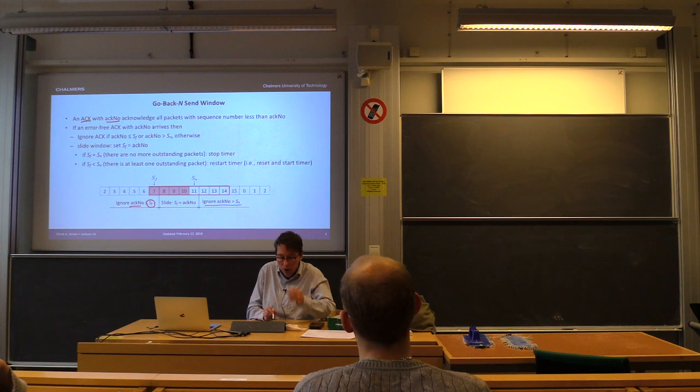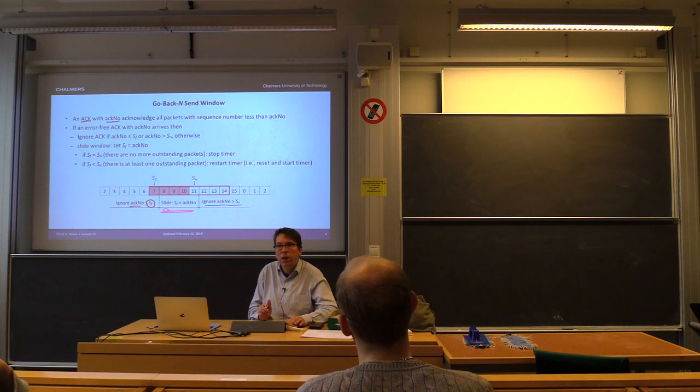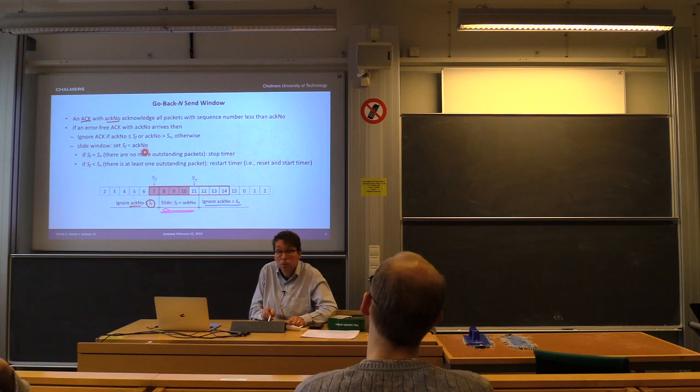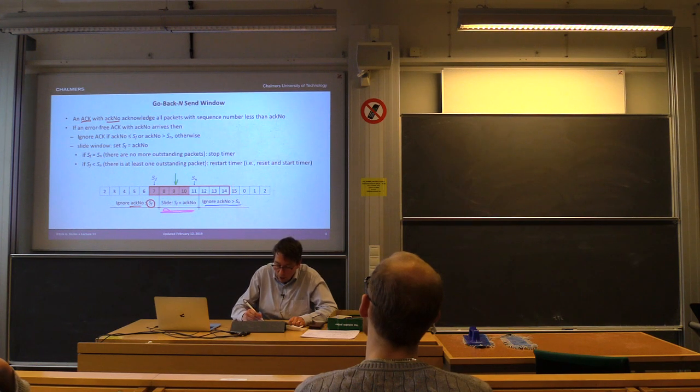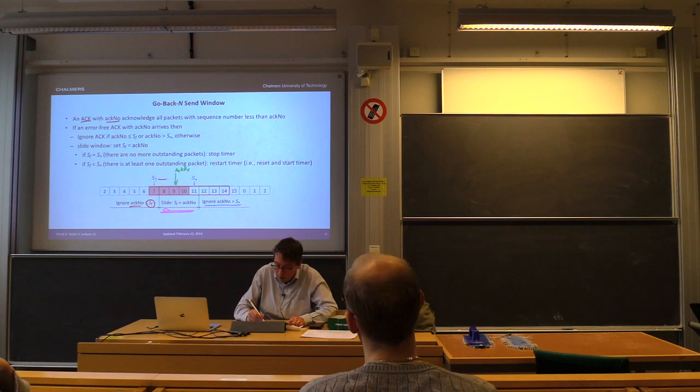But if it is within this range, the purple range here, we need to do something about that. We set SF, this variable, to ACKNO. So if this is the ACKNO we get, then we move SF to the right and put it down here.